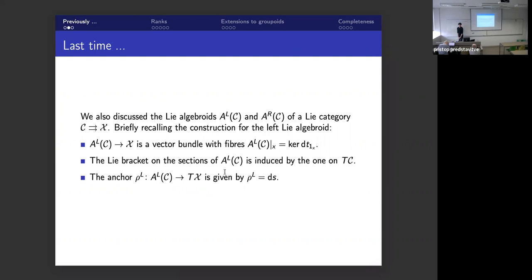So we use the differential of the source map in this particular case. What's not written on this slide is that these two are compatible in a way. We have a certain kind of Leibniz rule, which would read something like this. So, this is f.